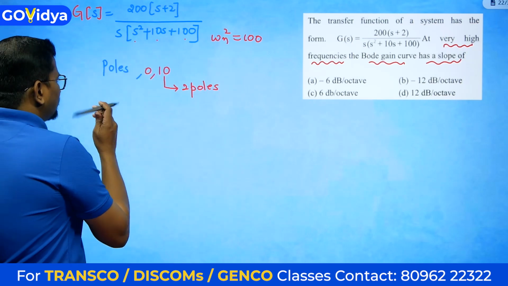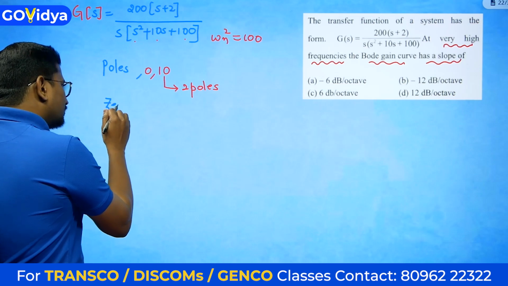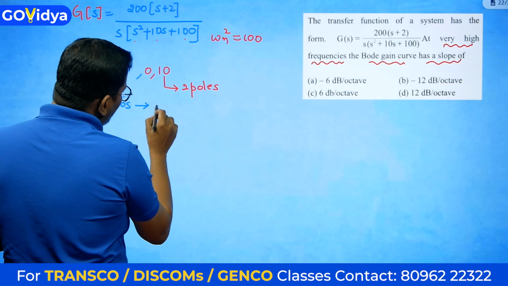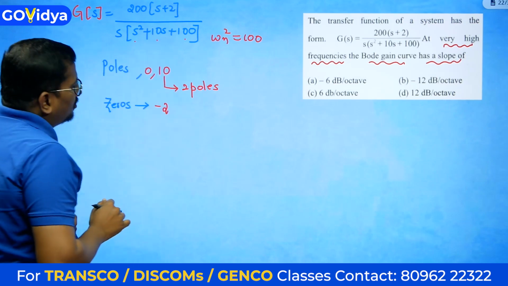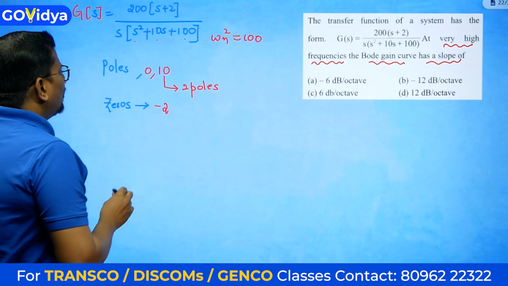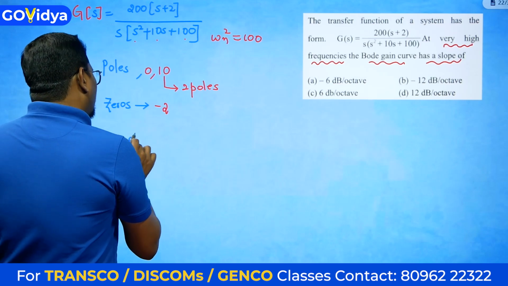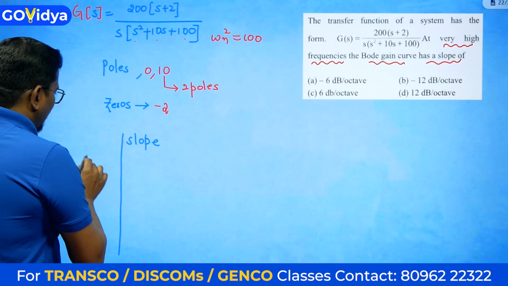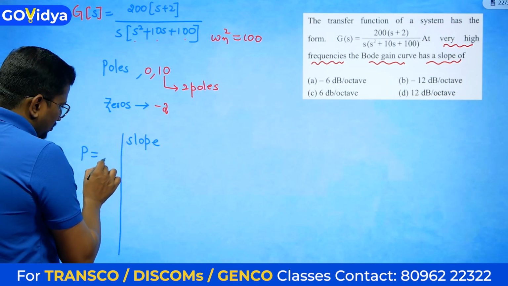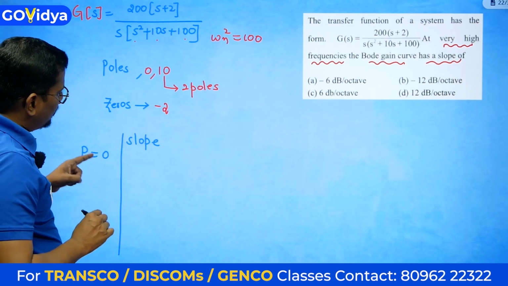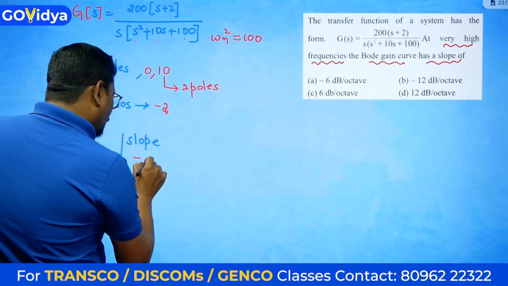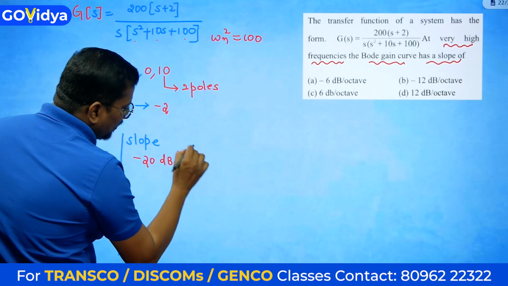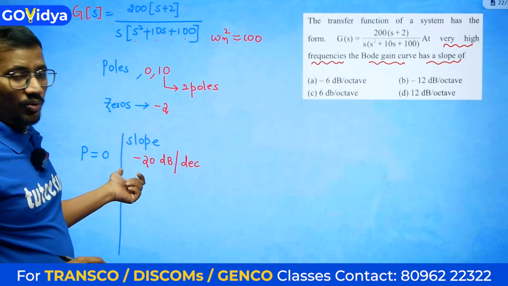Now what about the zeros? Can we say the zero is at minus 2? So now we are going to calculate the slope. For the pole at origin, what is its slope? Minus 20 dB per decade, because it is the initial slope.